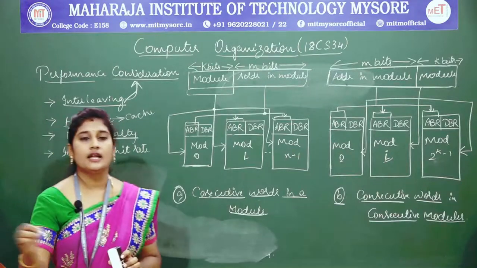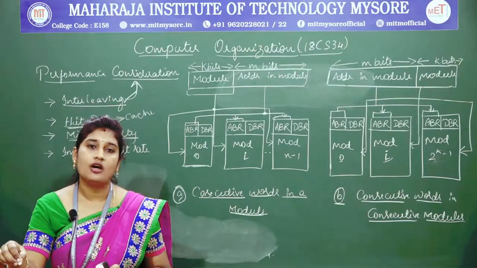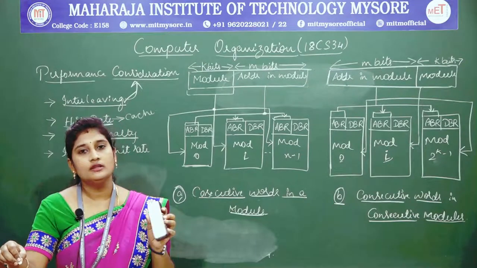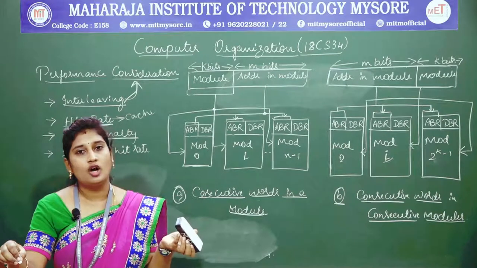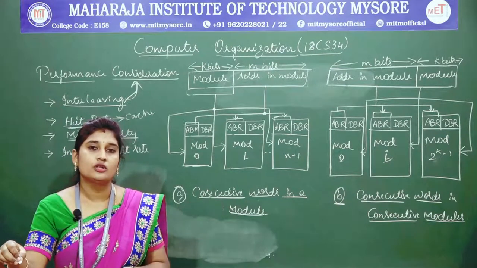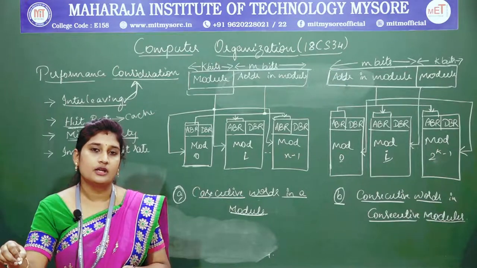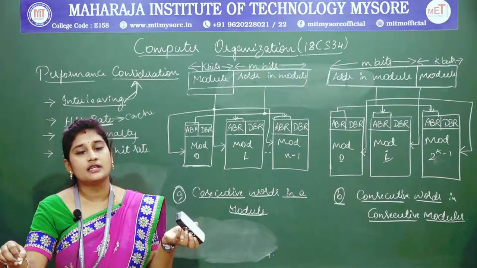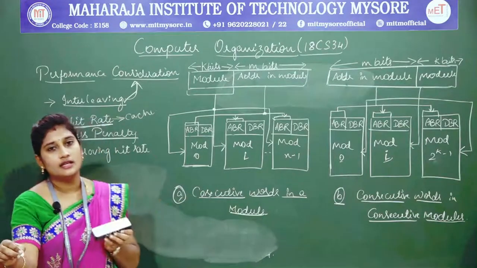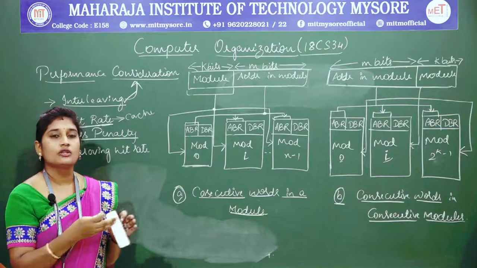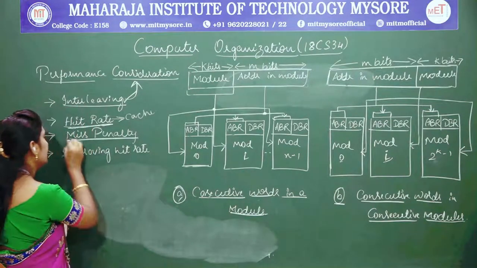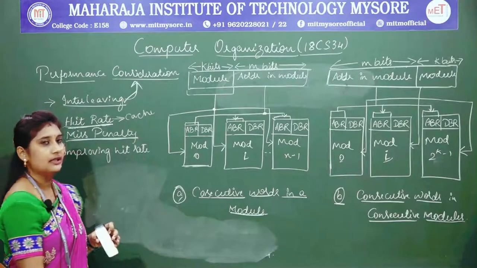When the data is not found in cache memory, the control circuitry moves to the main memory, fetches the data from main memory back to the cache memory, and then sends it back to the processor. So the time span which is wasted will be called the miss penalty.